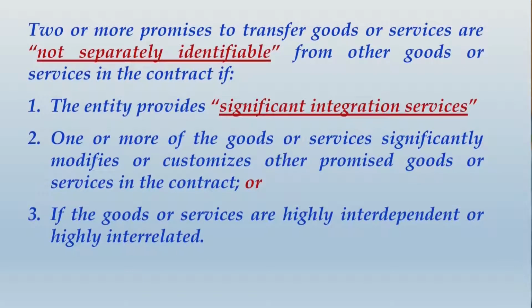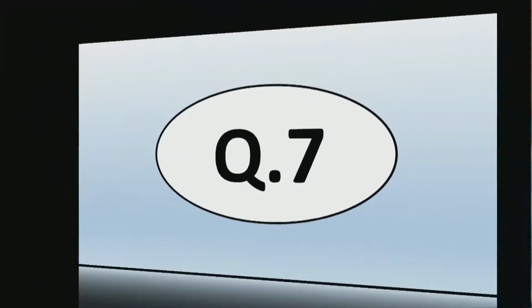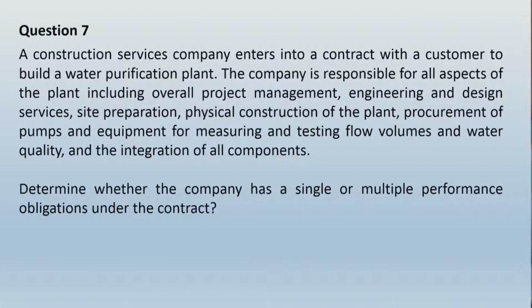Alright friends, you would have finished writing this whole thing. Let us move ahead and start solving questions, and let's begin with question number 7. Let us read this question. A construction services company enters into a contract with a customer to build a water purification plant.